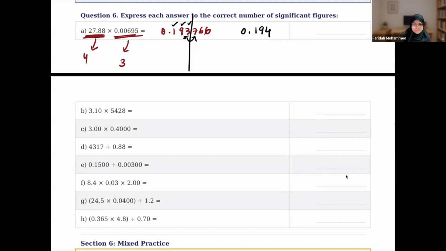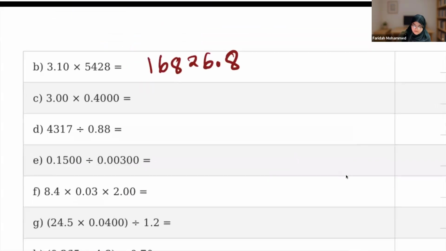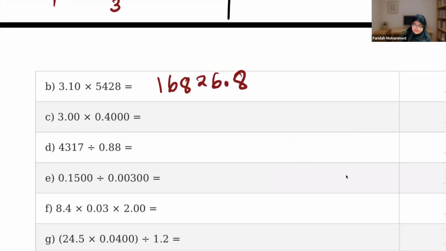Okay. So this one, look at this, everyone. This one will give you 16826.8, right? And we want to round it off to how many sig figs? Look at this, please. This is 3. This is 4.